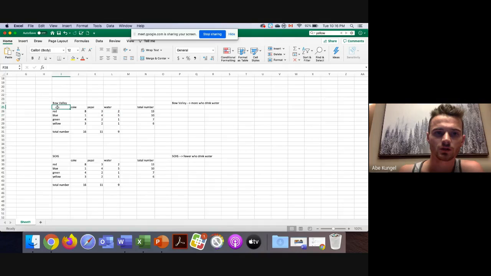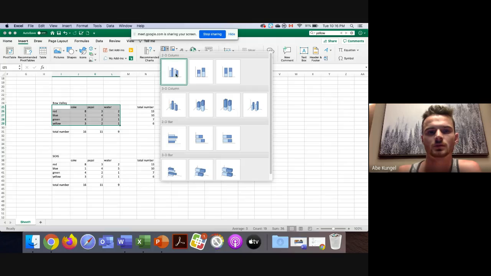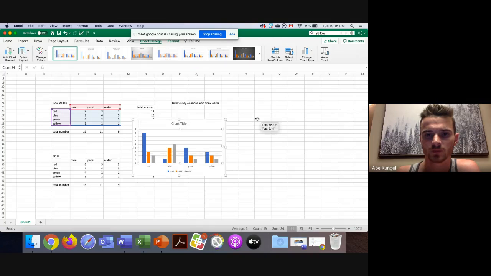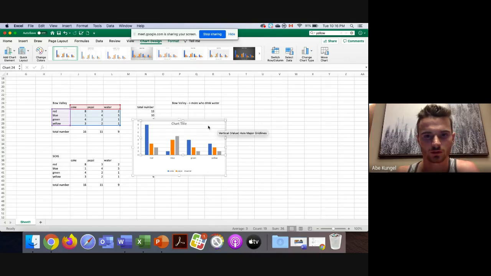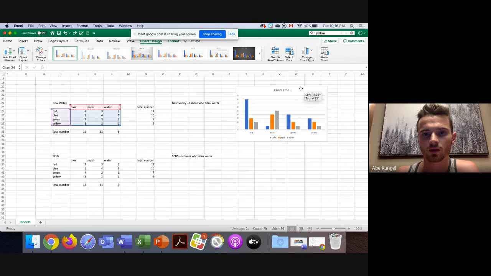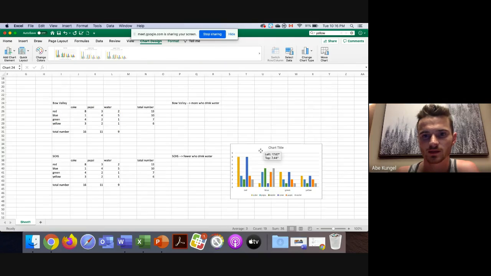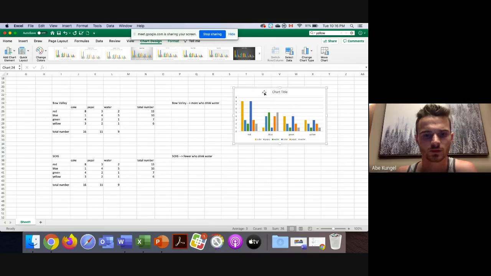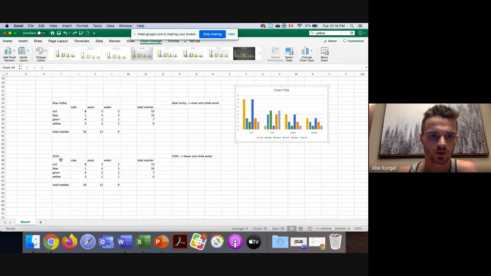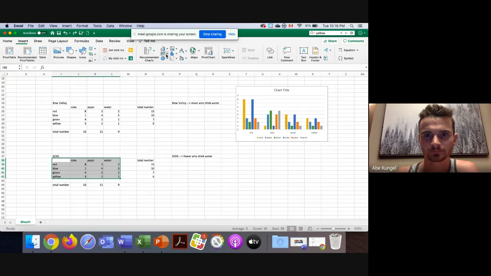I don't want to show this entire chart. If we're talking about Bow Valley, this whole chart will give all of the information, and that will be exactly the same as this Springbank information. That doesn't really help me misrepresent anything.